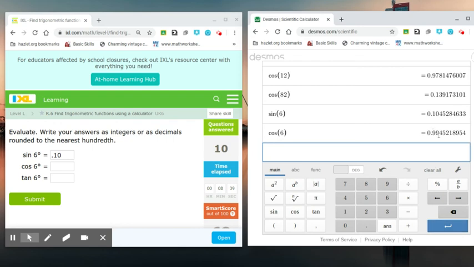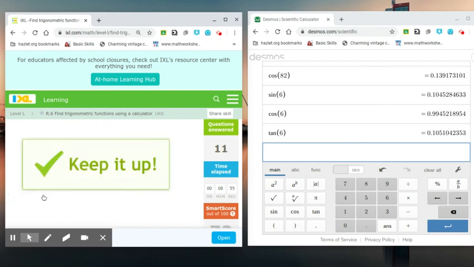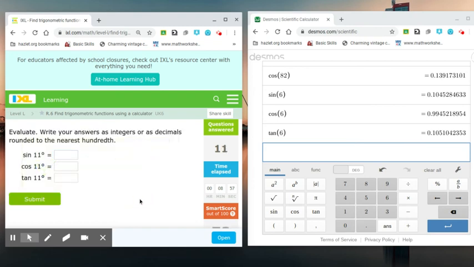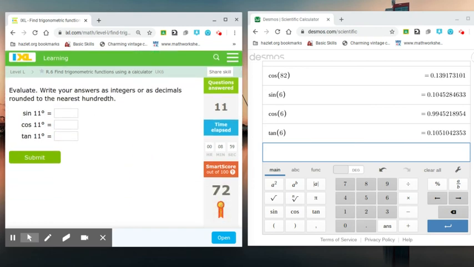Okay, you have 0.99 because of that 4. You don't have to round. It's just 0.99. And then you have tan 6. And because of that 5, that 0 is going to become a 1, so it's 0.11. Okay, and then so far, you see right there, I'm at a 72.